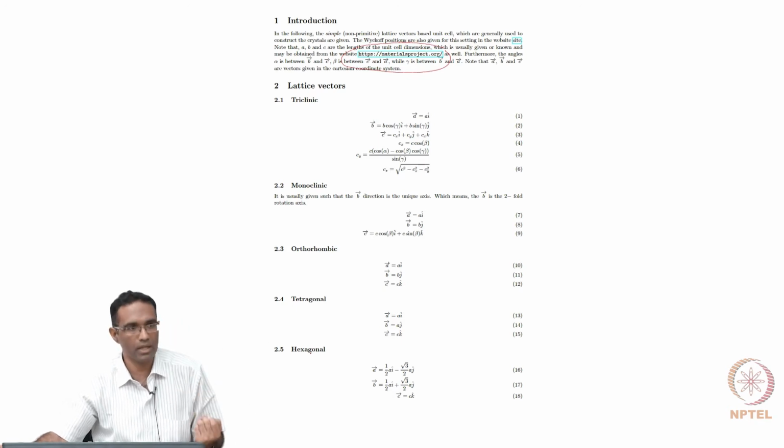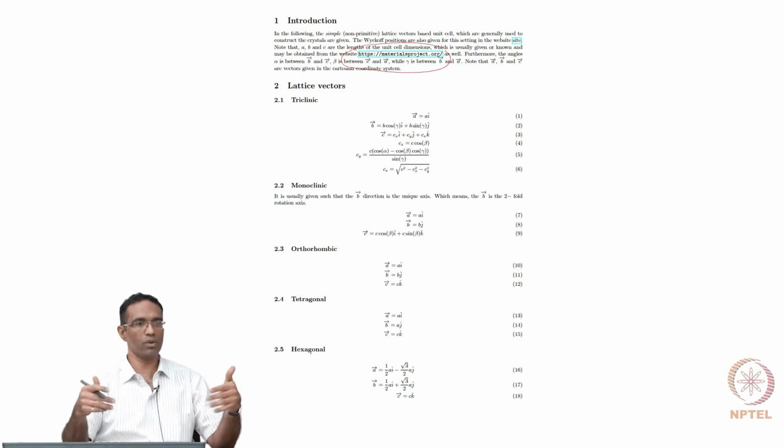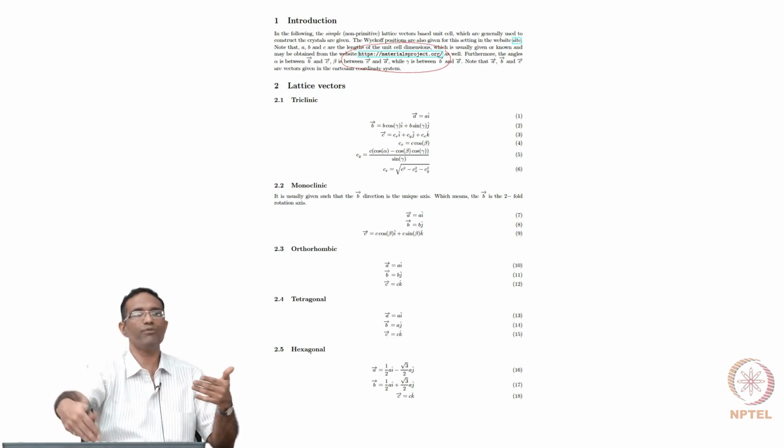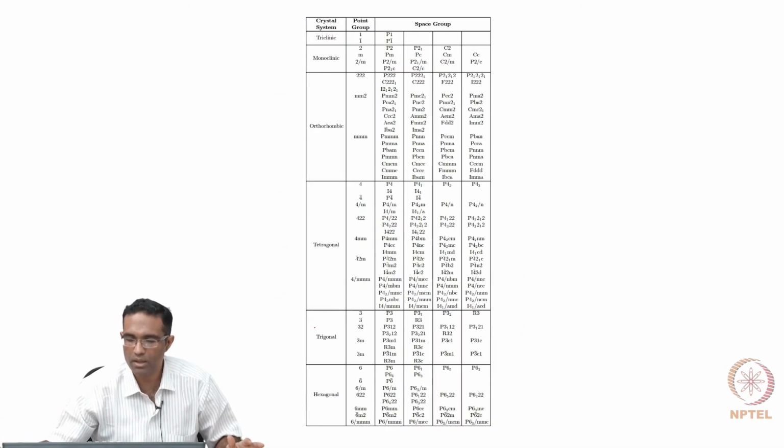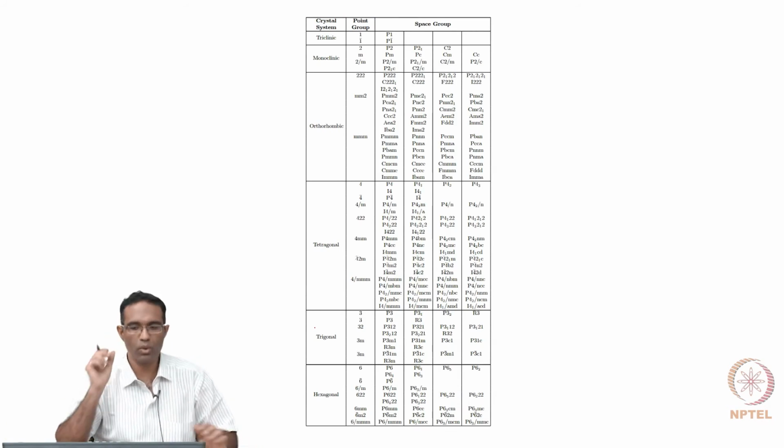Sometimes it can be a little bit tricky. You have to read the notations carefully. You have to understand what the author or the paper that you are reading is using as a B vector or a C vector, and based on that modify some of these statements a little bit to generate the crystal structures. Okay. So we will come to that later, but now I want to look at these 230 space groups.